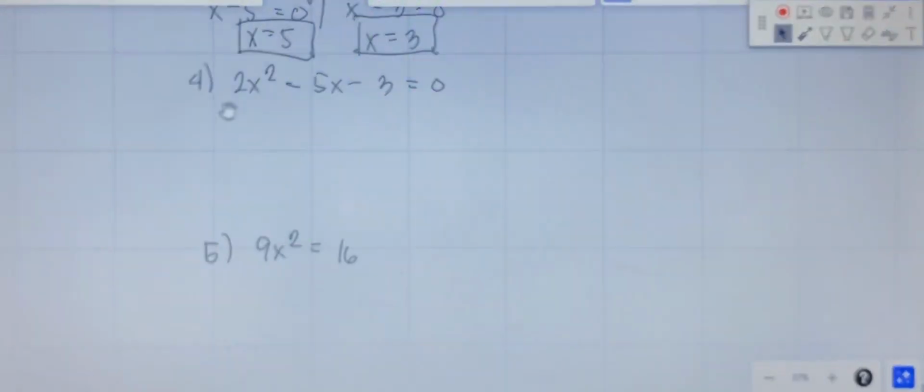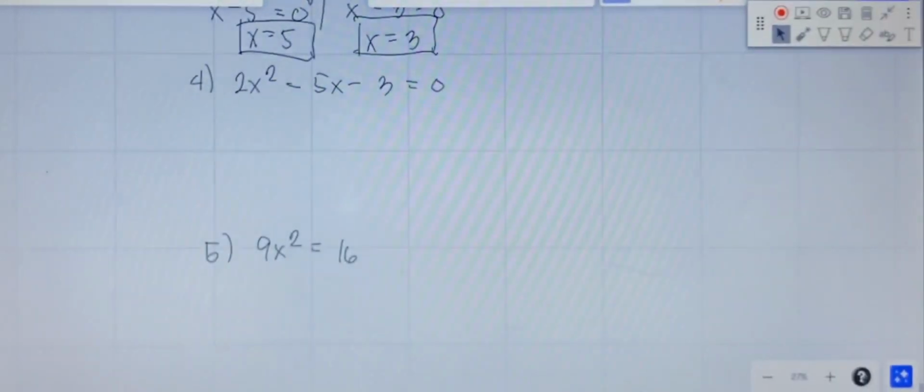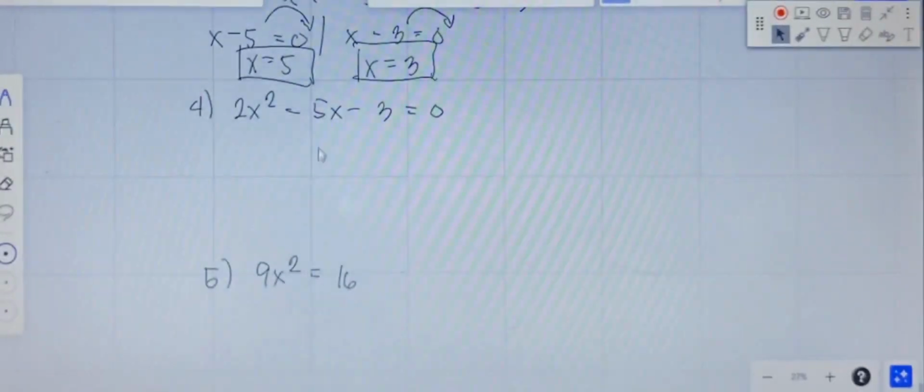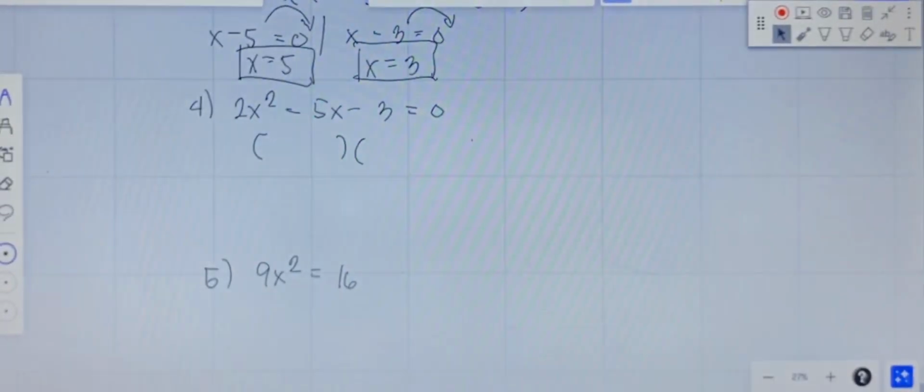In this case, the coefficient here is not 1. So basically, the factors of 2x squared are going to be a little different from our examples earlier. So let's have it this way: 2x and x.